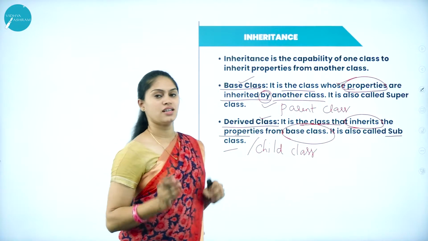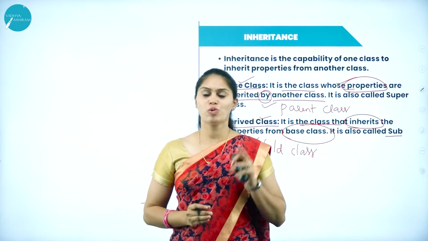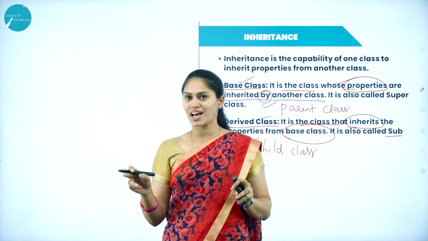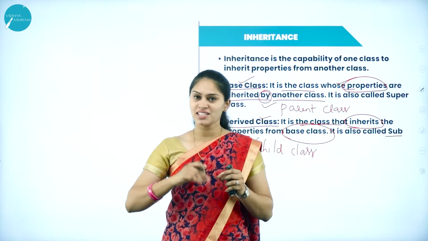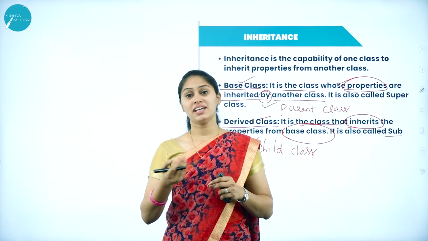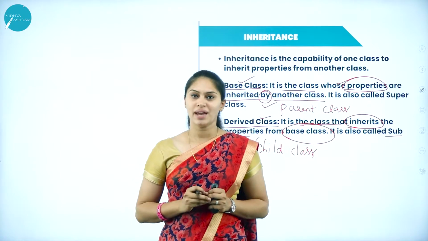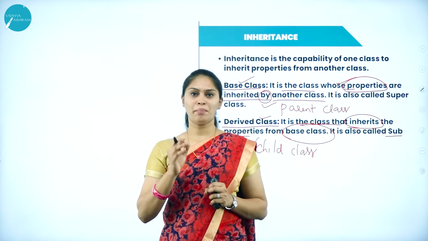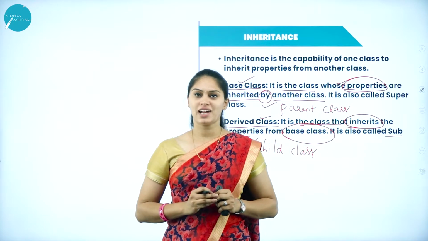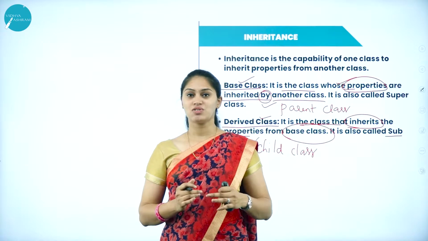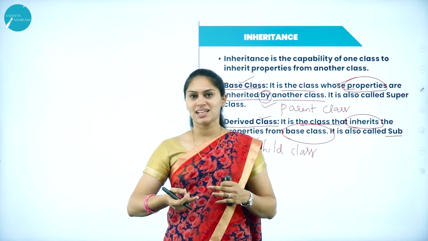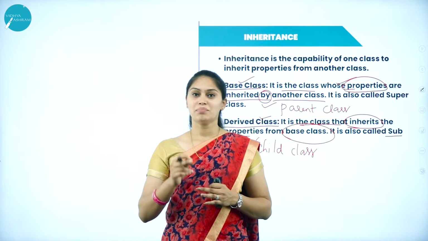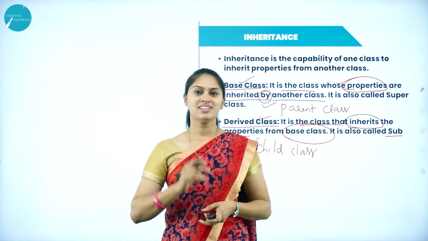Inheritance is the ability of one class to acquire the features of another class. The class which gives its properties to the new class is the base class, super class or parent class. The class which acquires or inherits the features from the base class is the subclass, derived class or child class.